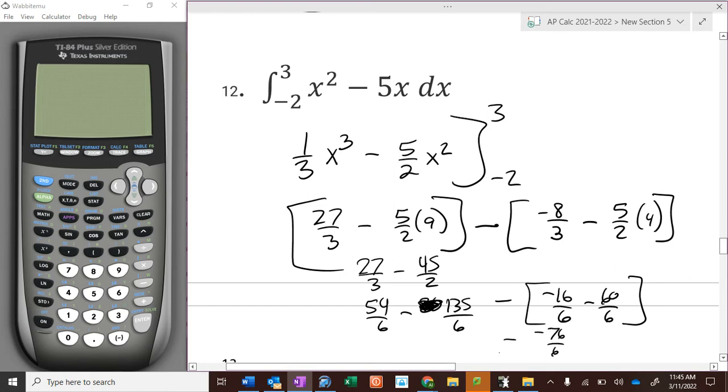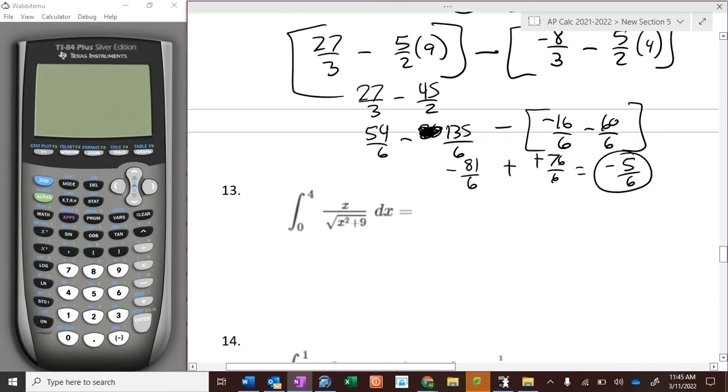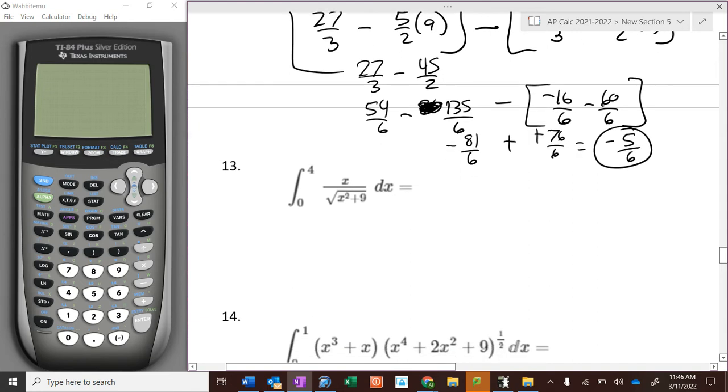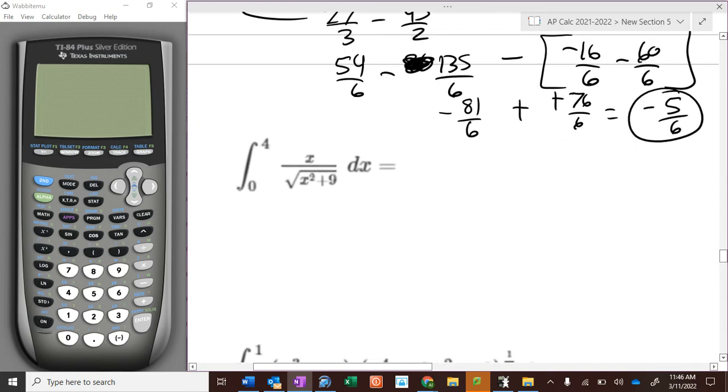Oh, that makes more sense. -54 minus 135 is -81. -81/6 plus a positive, which is -5/6. Yeah, -5/6.